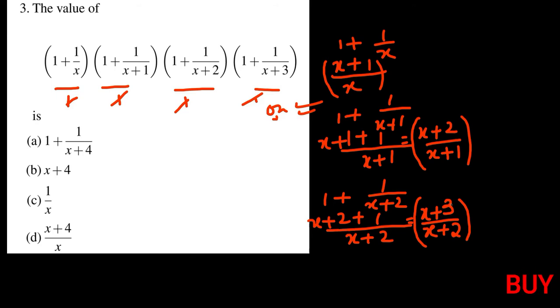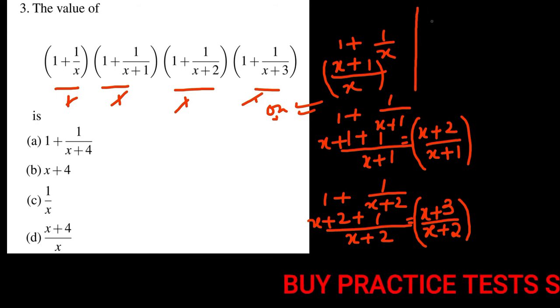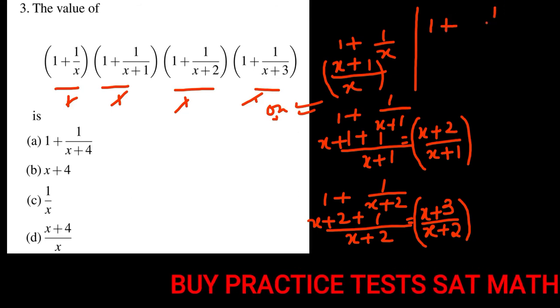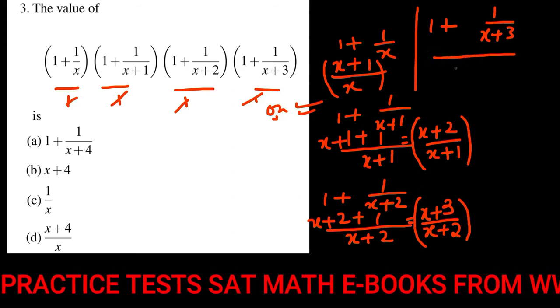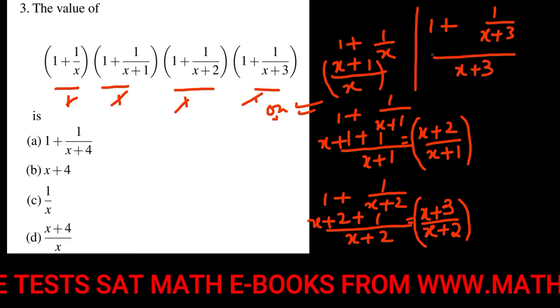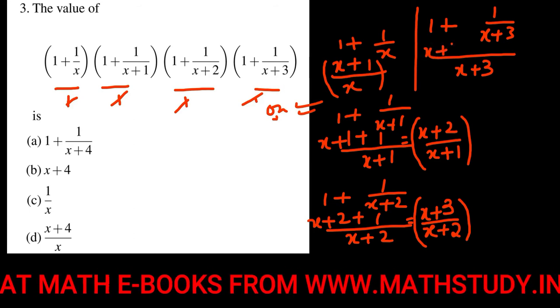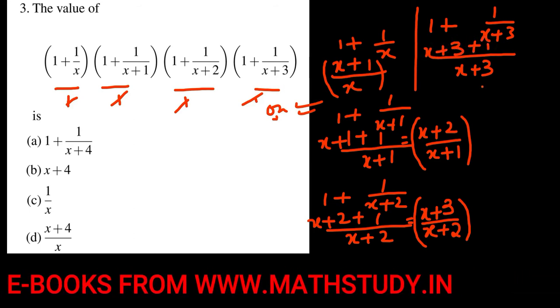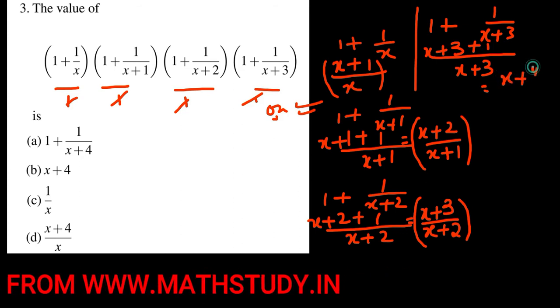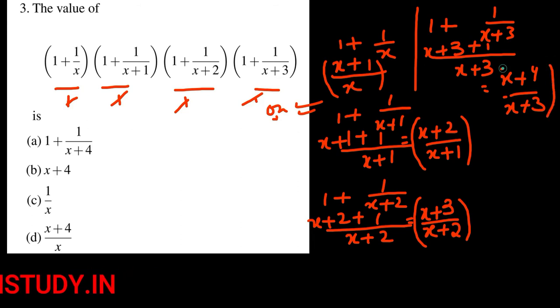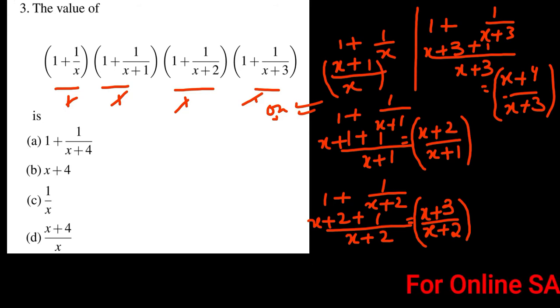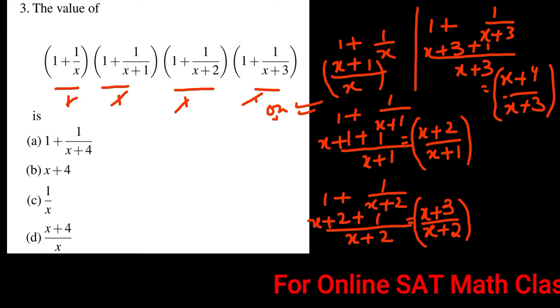Now let's move towards our fourth bracket, which is 1 + 1/(x + 3). Now take the LCM here, we will get x + 3, here we get x + 3 plus 1, right? So here we will get (x + 4)/(x + 3), which is our final term, that is the fourth term, right?